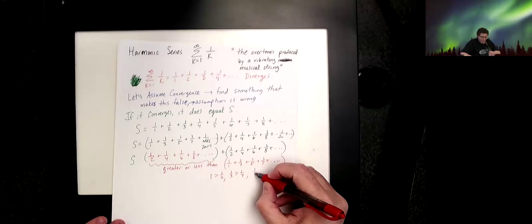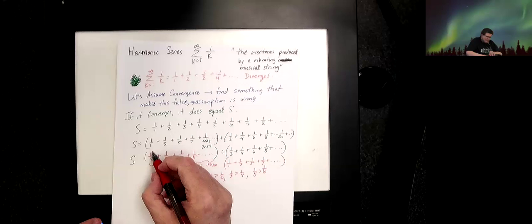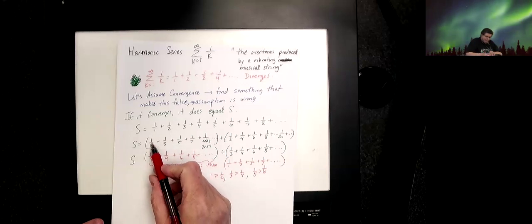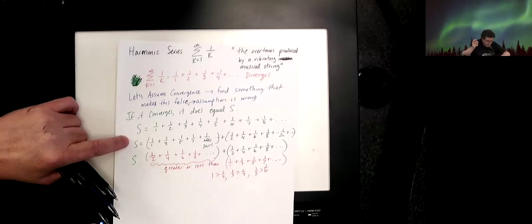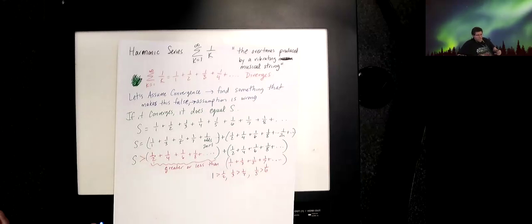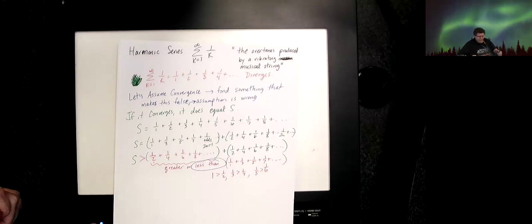So 1/5 is greater than 1/6. It turns out each one of these here is smaller than the one above it. So if this is S, S is greater than this, because these values are less than. It's a smaller value. And so that's smaller than S.